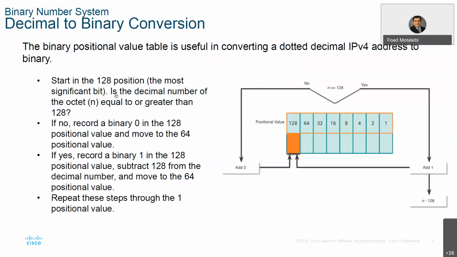Remember, it says over here if the decimal number of the octet is equal to or greater than 128, then you put a 1. If it is less, then you put a 0 and then go to the next number. If it is greater or equal to, then you put a 1 and then subtract the number with this number. And then you move to the next one, and repeat until you come to the last position. Okay.